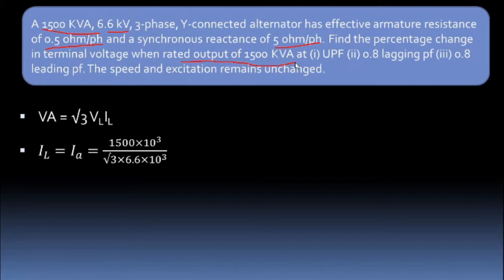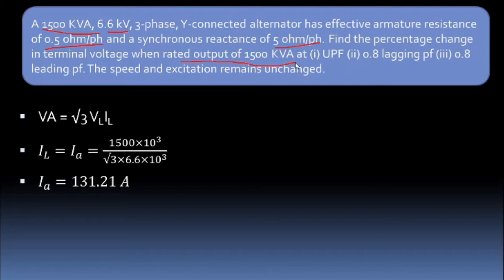So armature current equals 1500 into 10 raised to power 3, because it is in kVA, divided by root 3 VL. VL is 6.6, again in kilovolt, so we multiply it by 10 raised to power 3. Please calculate this value and tell me the value of IL or IA, one and the same thing.